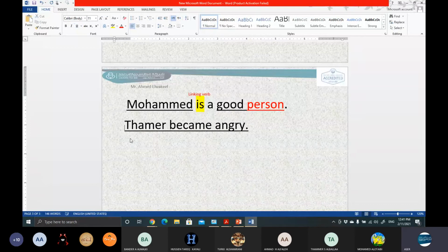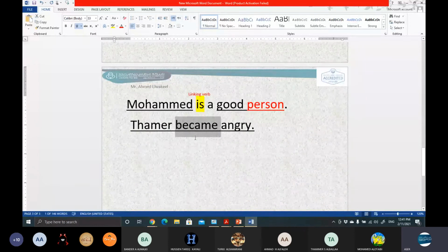The verb here is became, right? Can I take it out and replace it by verb to be? If I can do that, then it's called a linking verb. If I cannot replace that verb with a form of verb to be, then it's an action verb. So can I remove became and say was? Right or wrong?